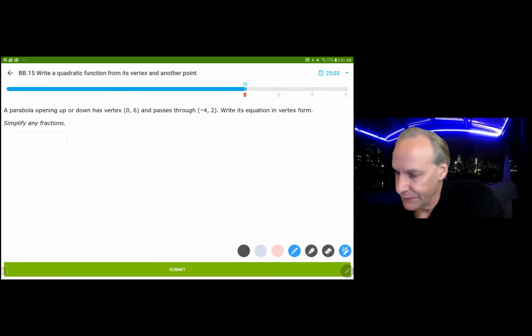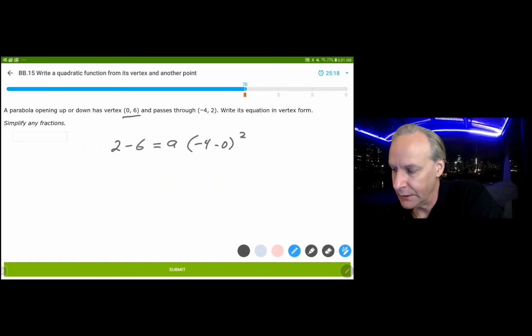All right, let's see if we can do another one. Oh, this one's a little easier, isn't it? So let's do it. 2 minus 6 equals a times -4 minus 0, quantity squared. So this is 16a is equal to -4. And we divide by 16 and we get a equals -1/4. And we're just going to write it.